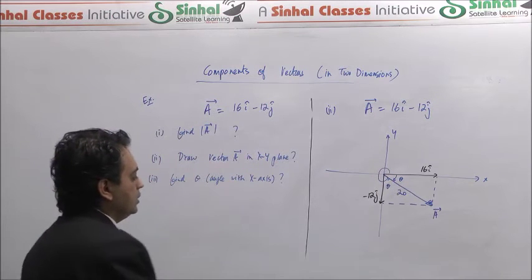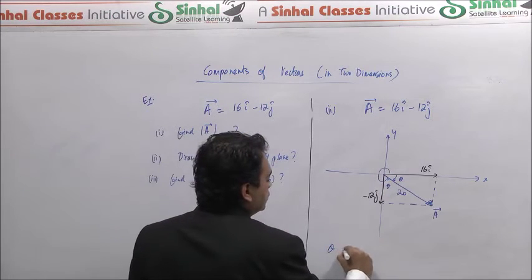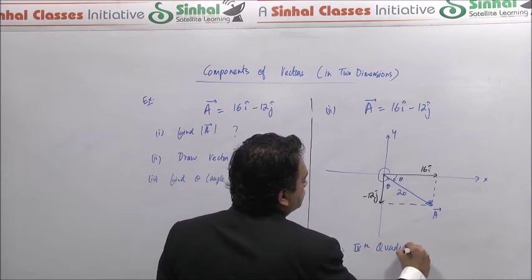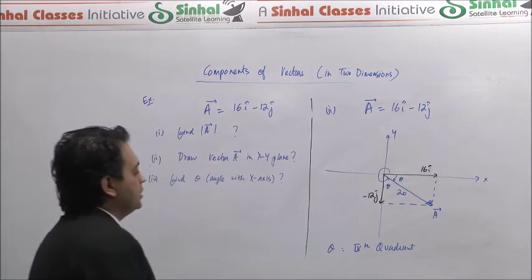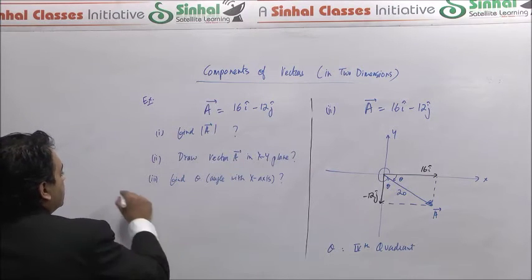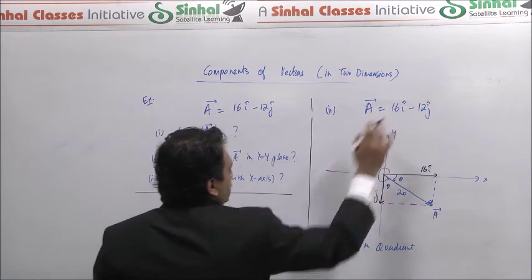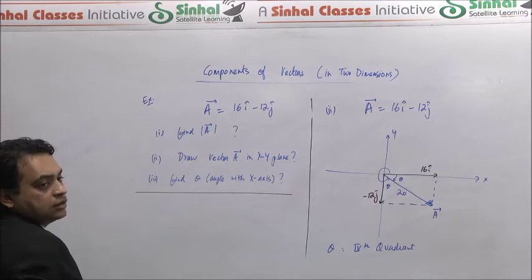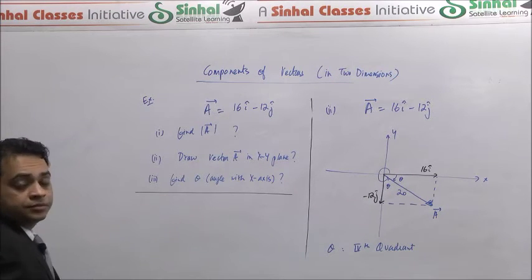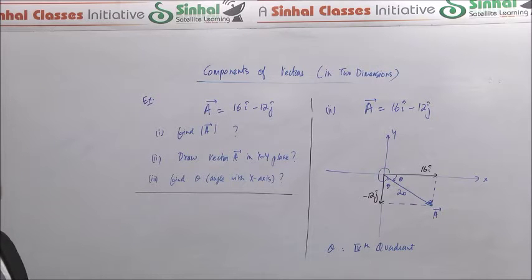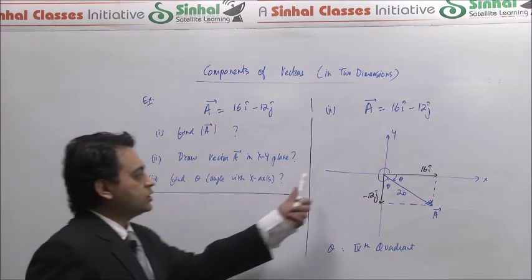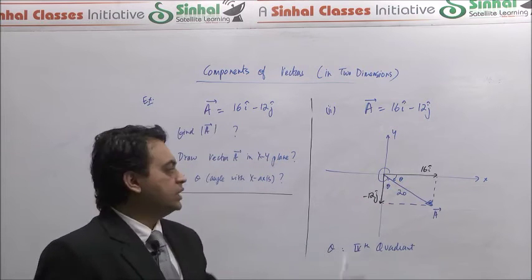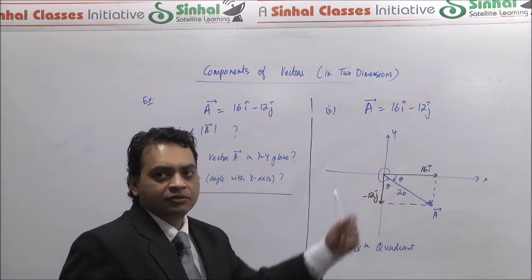So theta is basically in the fourth quadrant, and that is why we can see that sin theta is minus 12 by 20 and cos theta is 16 by 20. So cos theta is positive and sin theta is negative, which again shows us that it's in the fourth quadrant, apart from the fact that in the diagram itself we can see it.